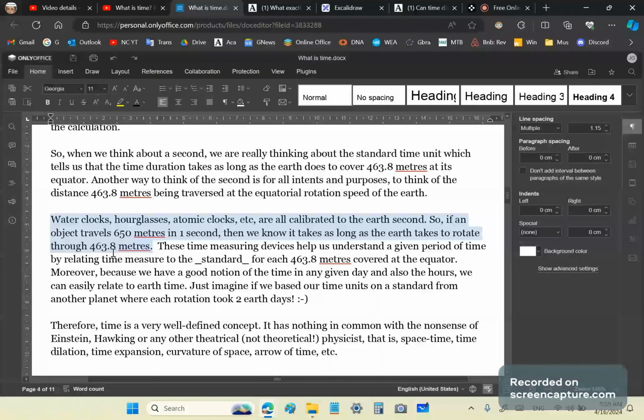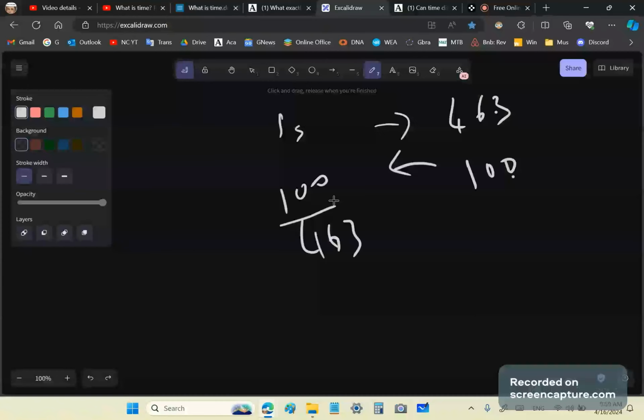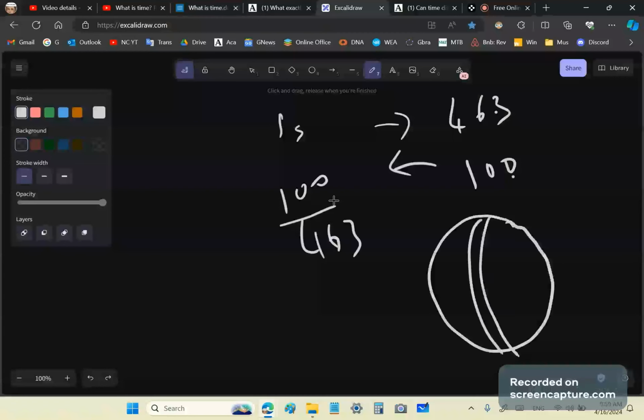The clue is: as long as the Earth takes to rotate through 463 meters. So what does this basically tell us? It means that everything that we do is calibrated to Earth time, and especially at the equator.